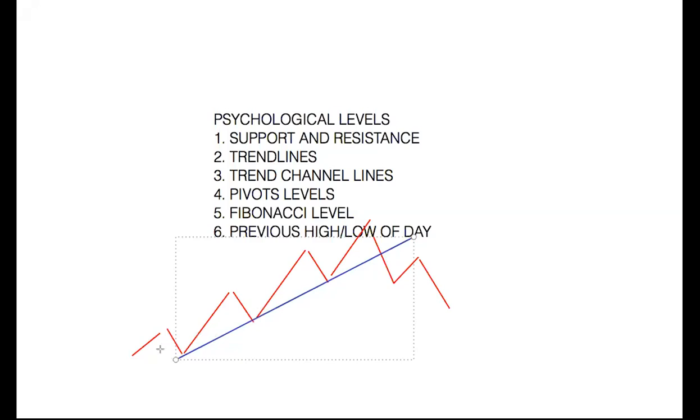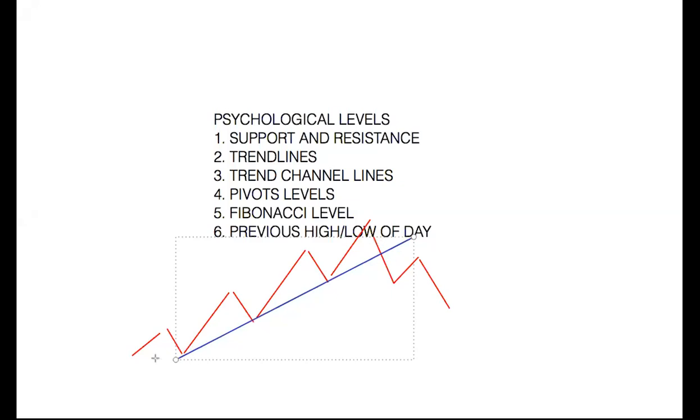This is a trend. Remember what I taught you, that if you have rising tops and rising bottoms, you have an uptrend. So this is an example of an uptrend. If I draw a line that connects all the bottoms, I have a trend line.